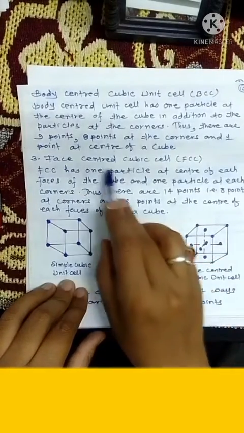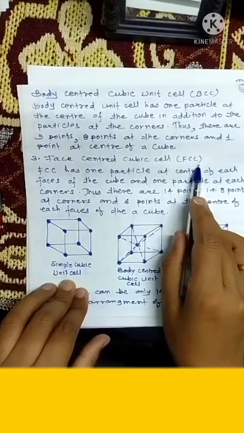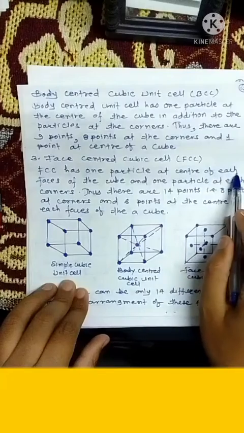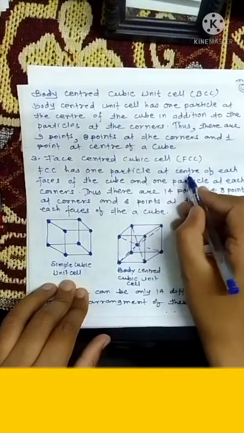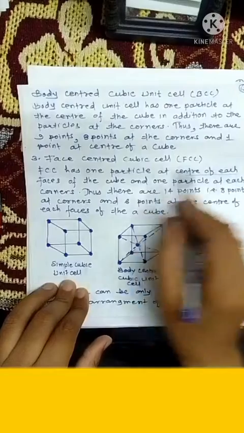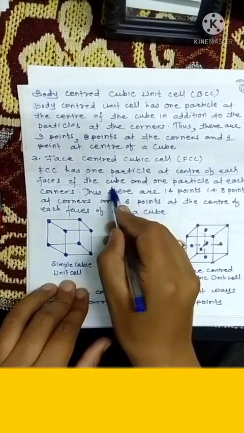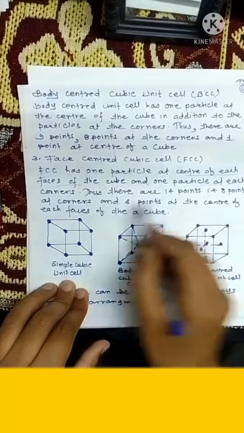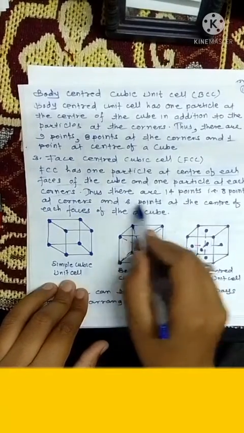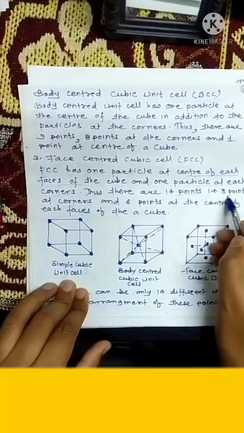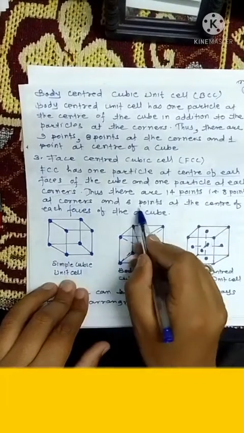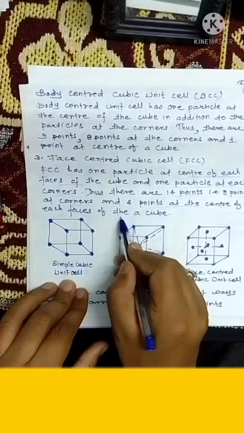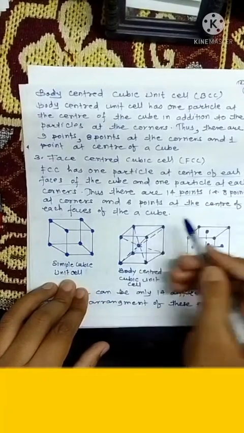Now what is face centered cubic cell? FCC has one particle at the center of each face. It is important, one particle at the center of each face of the cube and one particle at each corner. Thus there are 14 points, that is 8 points at the corners and 6 points at the center of each face of the cube.